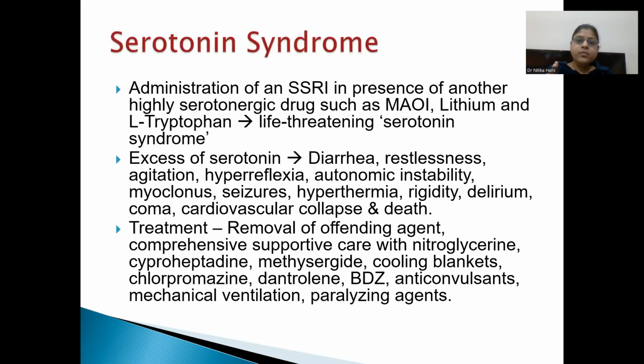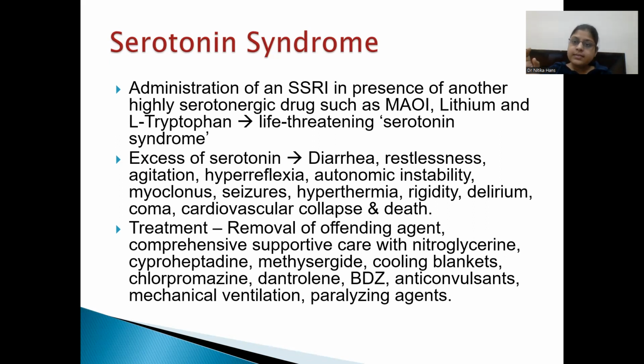Now, serotonin syndrome is when the levels of serotonin in the body increase. This happens when we give MAO inhibitors, pethidine, linezolid, dextromethorphan, lithium, or L-tryptophan with SSRIs. The levels of serotonin increase, which leads to agitation, hyperreflexia, autonomic instability, diarrhea, restlessness, seizures, hyperthermia, myoclonus, rigidity, delirium, coma, cardiovascular collapse, and death.